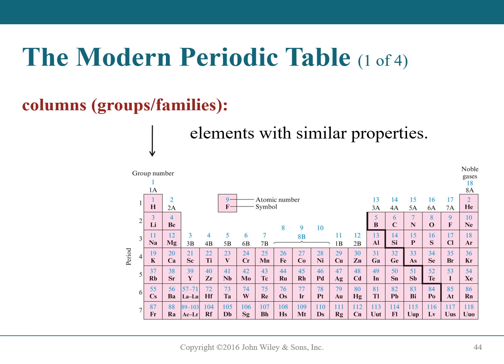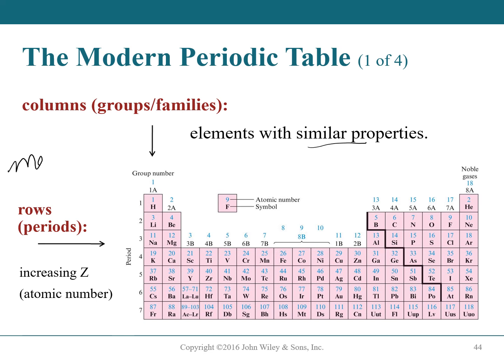All right, we also have names for families. All the columns, or your groups or families, have similar chemical reactivities. Here with the rows, remember this is your principal quantum number. So for the main group, n is equal to row number.